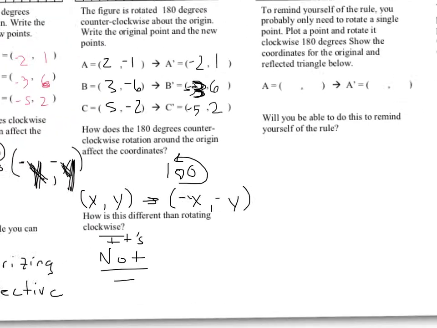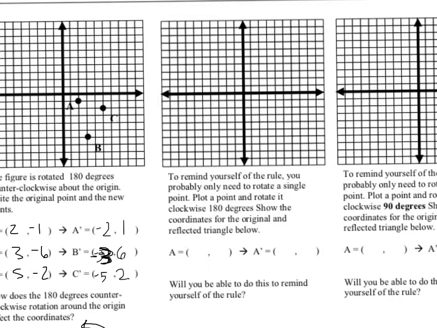All right, so remember, the aim for today is being able to use this rule, but you also have to be able to create this rule because there's no way that you're going to keep all of the rules in this unit straight if you try and just memorize them as straight up rules. So what you're going to do is you're going to pick a point. You know me, I like 1/8 or -1/8. So I'm going to use the point 1/8. And it tells me that I want to know the rule for clockwise rotation of 180 degrees.